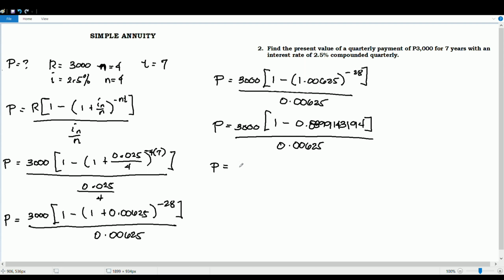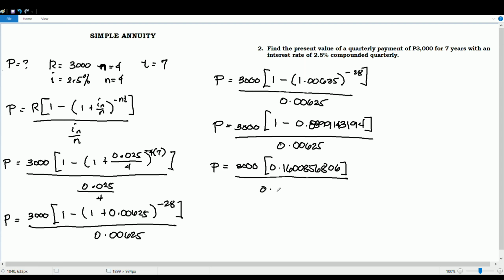So we have to subtract this decimal number from 1. So we have 3,000 multiplied by 0.1600856806.